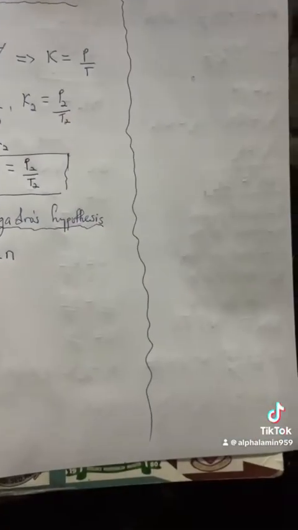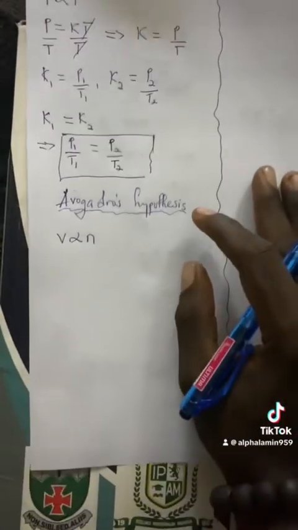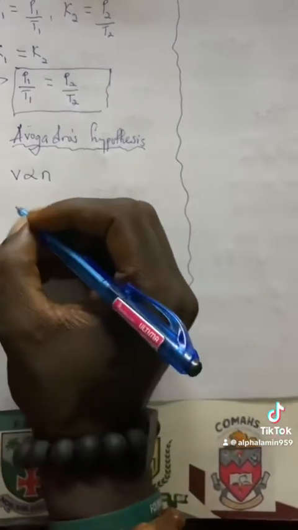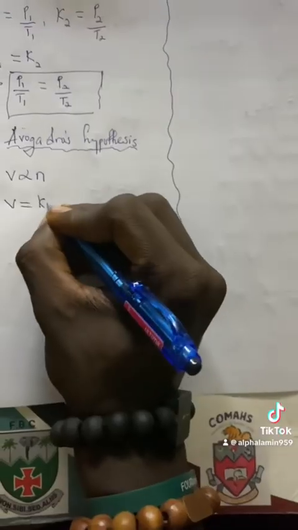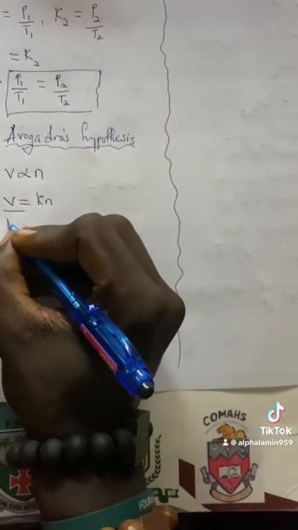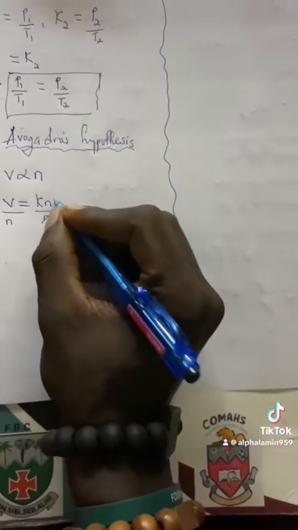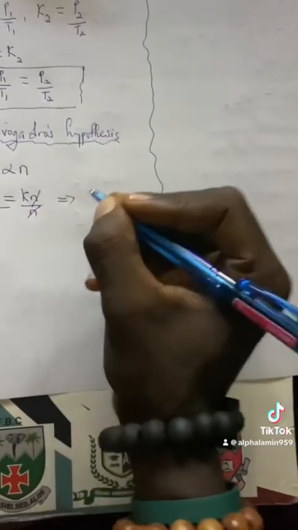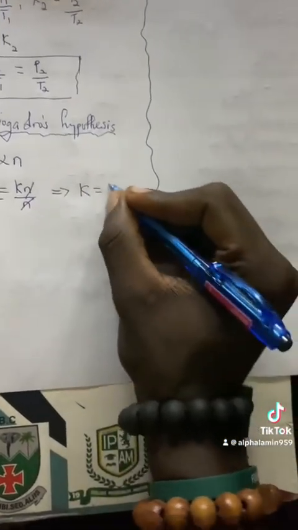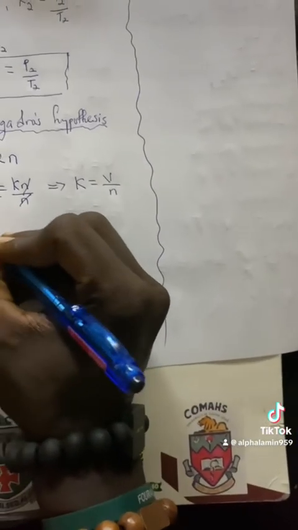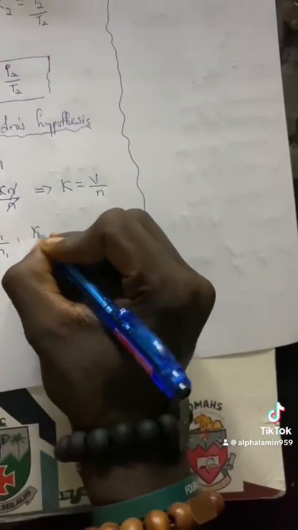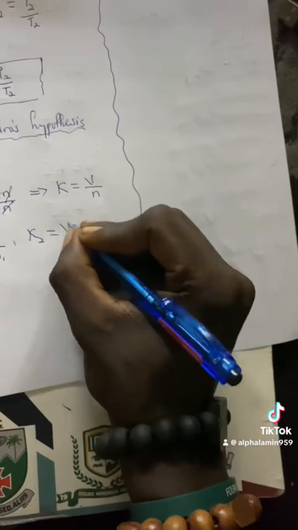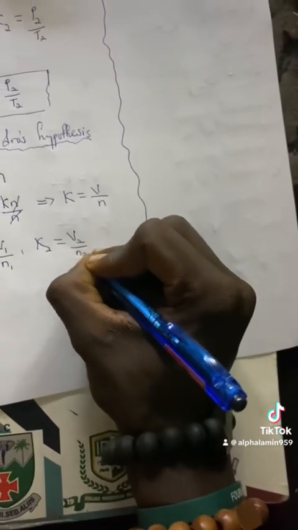At a constant temperature and pressure, the volume is directly proportional to the number of moles. So here also we can establish our relation to be V equals Kn. So if we divide here by n, this knocks this off. So this implies that our K equals V over n. So our K1 will be V1 over n1, and K2 will be V2 over n2.